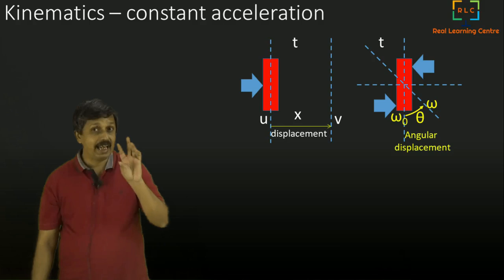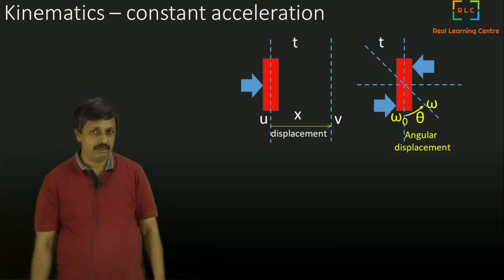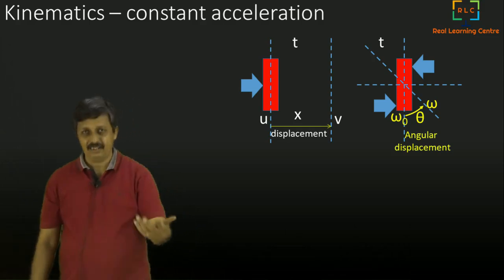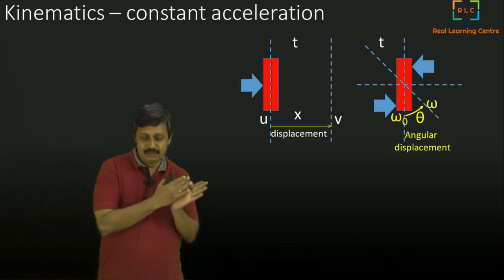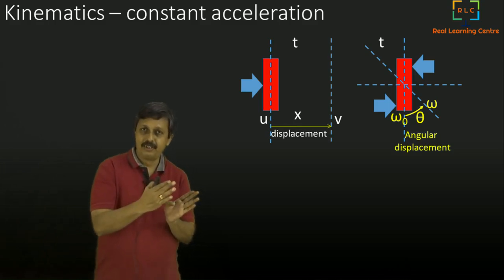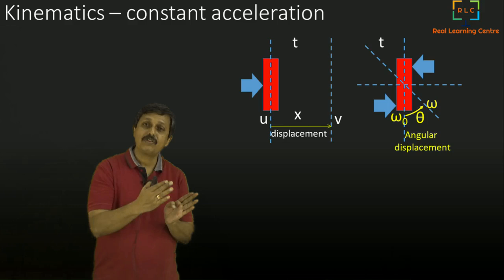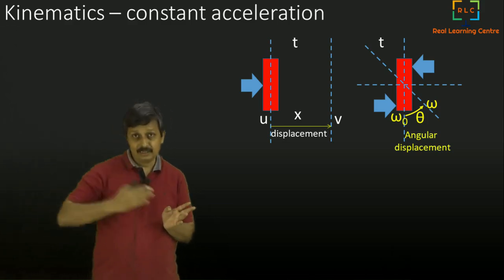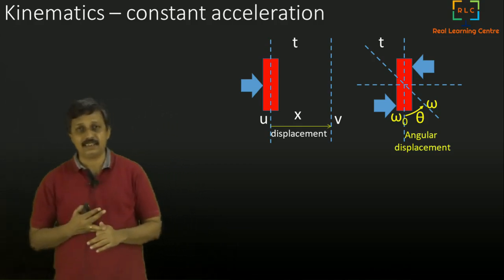But if acceleration also is changing, that means if the velocity is not changing at a constant rate, initially velocity is going from, let us say, 10 to 20 meters per second in 2 seconds, and 20 to 30 in 2 seconds, 30 to 40 in 2 seconds, then we call it constant acceleration.